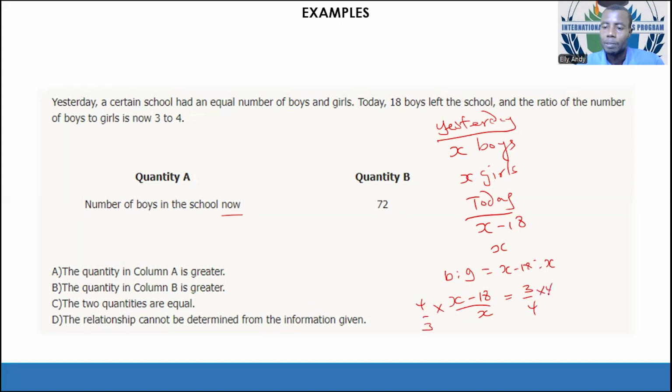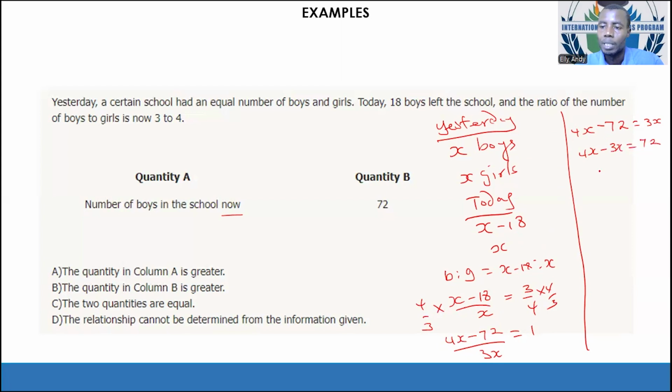This side also 4 over 3. So that we have 4x minus 72 over 3x being equal to 1. So from there we can have 4x minus 72 being equal to 3x, or 4x minus 3x being equal to 72. And we know that our x is 72.